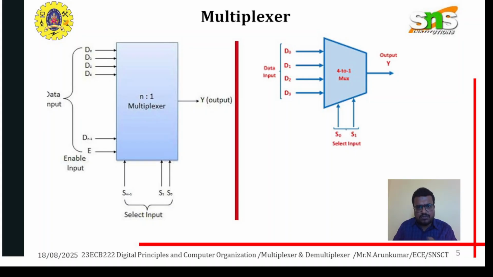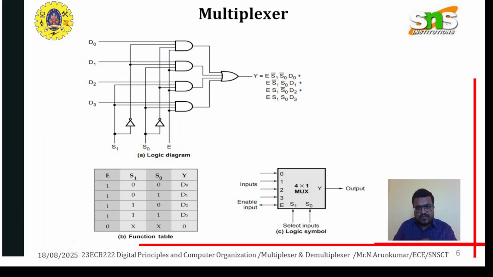So let me see how this 4 is to 1 multiplexer is built. The 4 is to 1 is taken based on the input signals, because we are giving four inputs D0, D1, D2, D3. The corresponding output is taken based on the gates. Here I am just taking NOT gates and AND gates. The NOT gate is used for the selection lines S0 and S1.